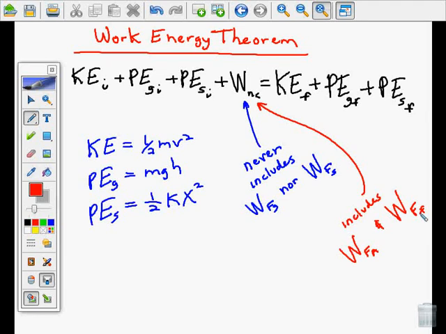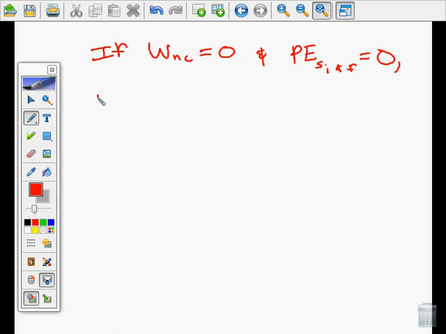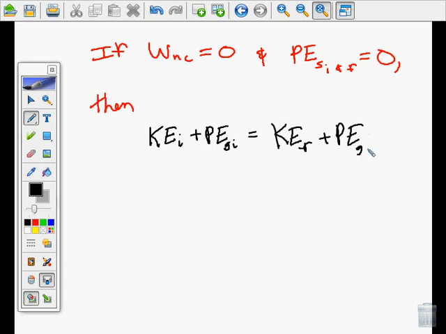So if the non-conservative work equals 0, and the potential energy in a spring, initial and final, equals 0, then that big formula boils down to the initial kinetic energy plus the initial gravitational potential energy equals the final kinetic energy plus the final potential energy due to gravity.